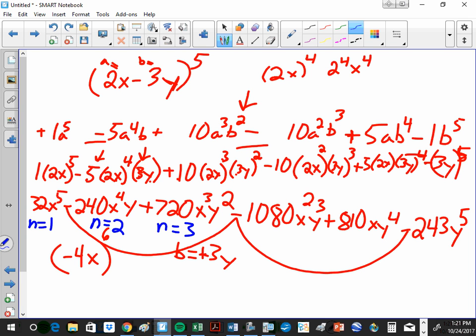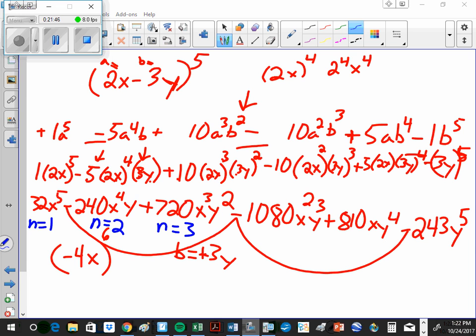Let me look really quickly. Zeroth row, first row, 1, 2, okay. All right, I was afraid of that.